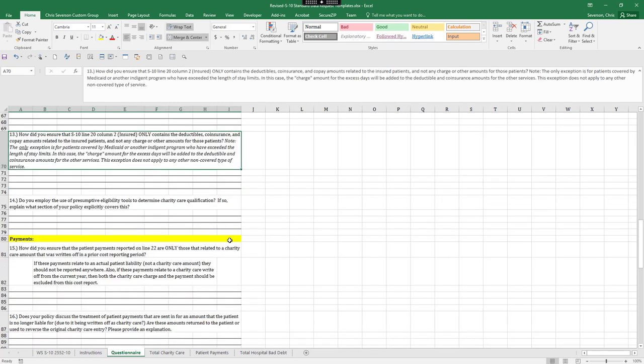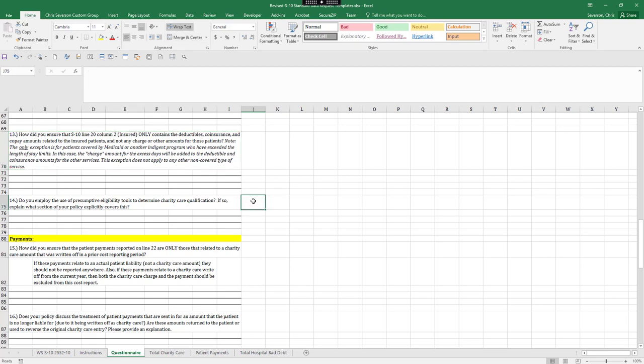Question 13. How did you ensure that Worksheet S-10 line 20 column 2, the insured column, only contains the deductibles, coinsurance, and copay amounts related to the insured patients and not any charge or other amounts for those patients? Now again, the only exception to that is that Medicaid length of stay limit. In that case, there would be a charge portion included in that column 2, but that charge amount should itself be explained in line 25 as well.